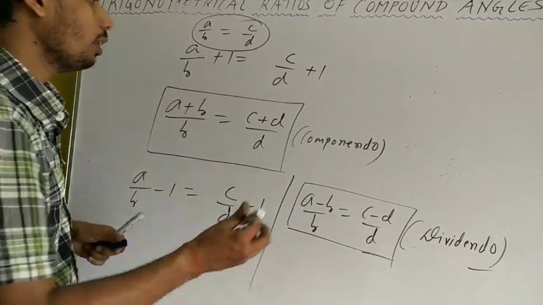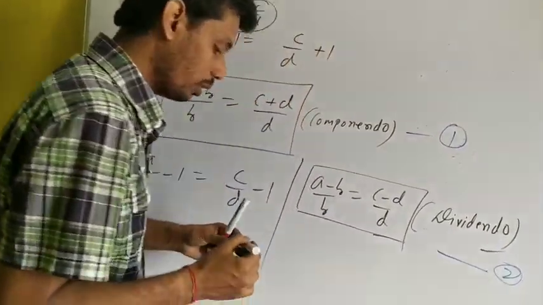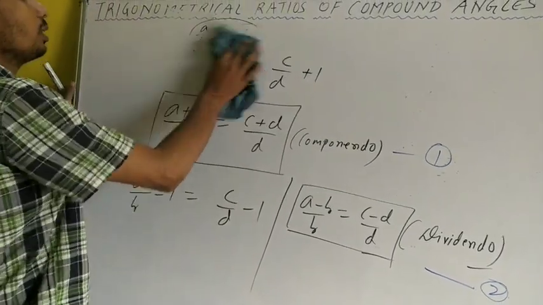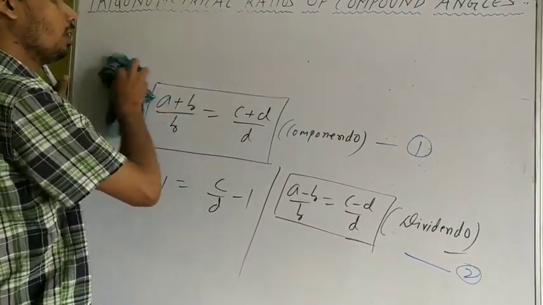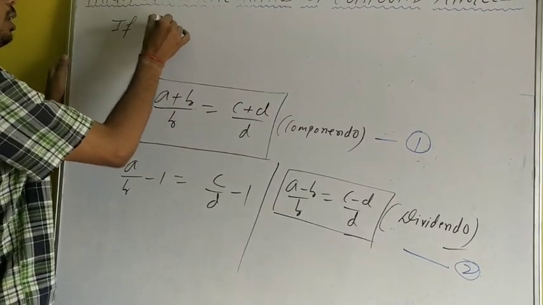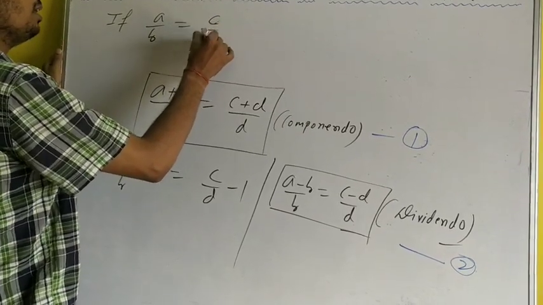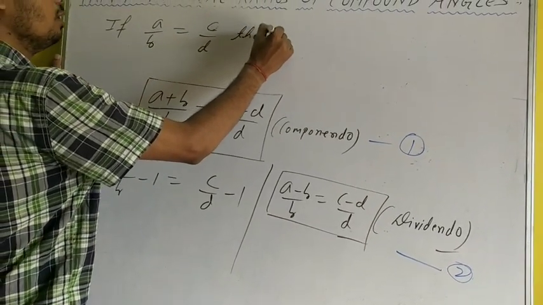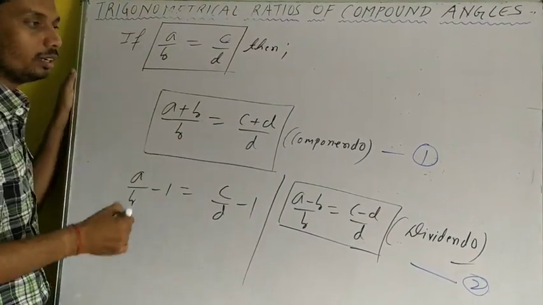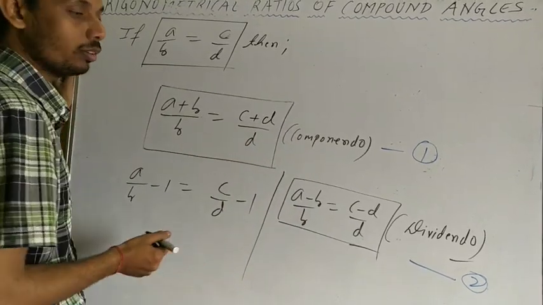Now if we take this as equation 1 and this as equation 2, and take the ratio of these two, what result will come?